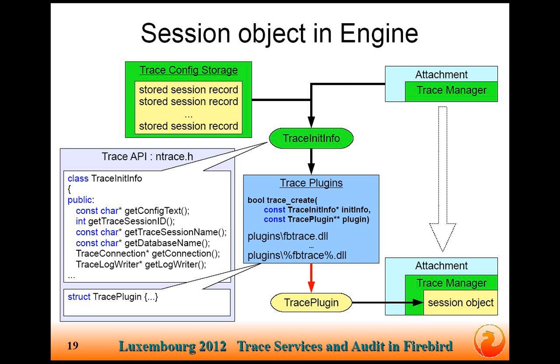If yes, the trace plugin returns a special trace plugin object and the trace manager adds this object into its own session object. If not, the trace manager just marks this session record as not usable and will not pass events into this trace session.